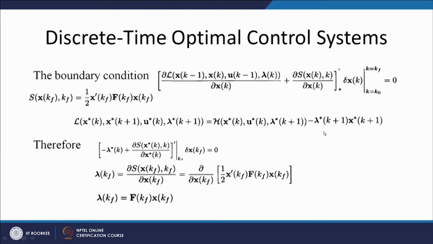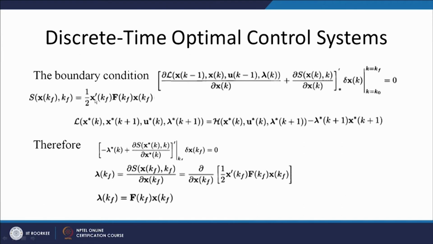So I am left with what I have here at k minus 1 point, this is lambda star k x of k, and this gives me only minus lambda star, and this term is similar, del S by del x of k, delta x of k equal to 0. S is nothing but my half of x prime f of kf x of kf, and if I differentiate this, at kf point my lambda of kf equals del S of x of kf, kf by delta x of kf.